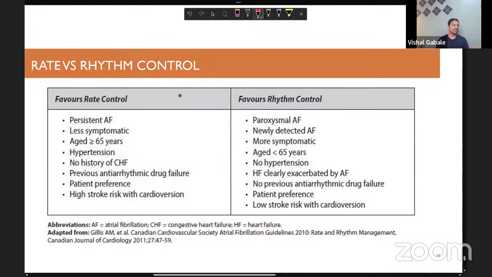So, in which condition should you favor the rhythm control? It should be favored in paroxysmal AFib, that is new onset, newly detected AFib, more symptomatic AFib, age less than 65, because there is a chance of stroke if you control the rhythm, right? Then, if the patient has no hypertension, heart failure clearly exacerbated by AFib, no previous antiarrhythmic drug failure, then patient's preferences, low stroke risk with a cardioversion.